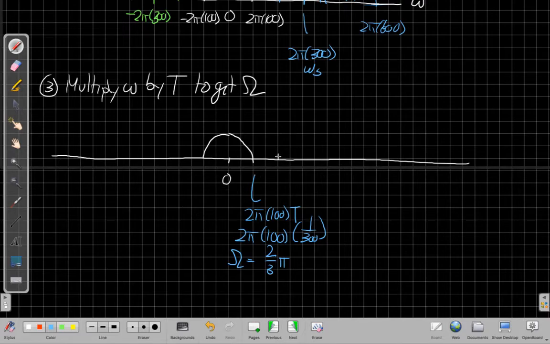Then this next copy here was at 2 pi over T, so when I multiply this by 1 over 300, the 300s cancel out, and this copy is at 2 pi. This edge here would be minus 2 pi over 3. This would be minus 2 pi.